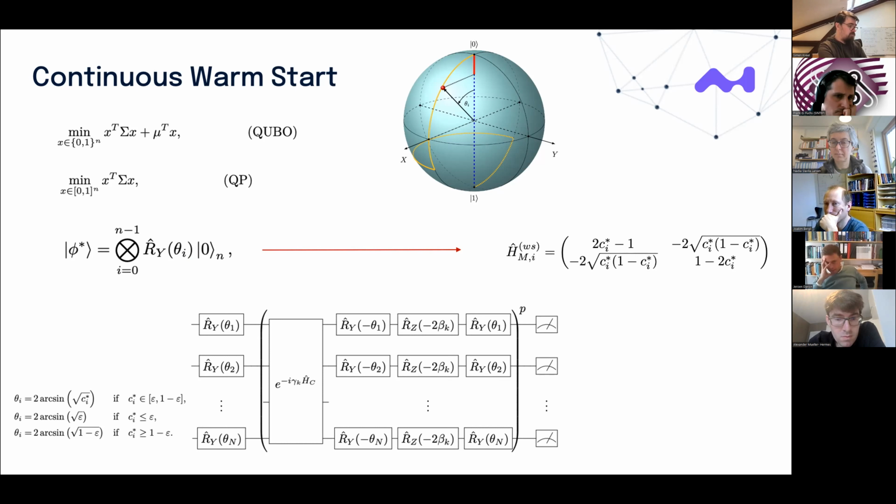And in particular, when we have a solution which would be C star in this slide, you can look at the Bloch sphere on top, and you can essentially come up with a rotation around the y-axis, which produces the effect that with probability C star i, you will be measuring the 1 on this qubit if you take a measurement.